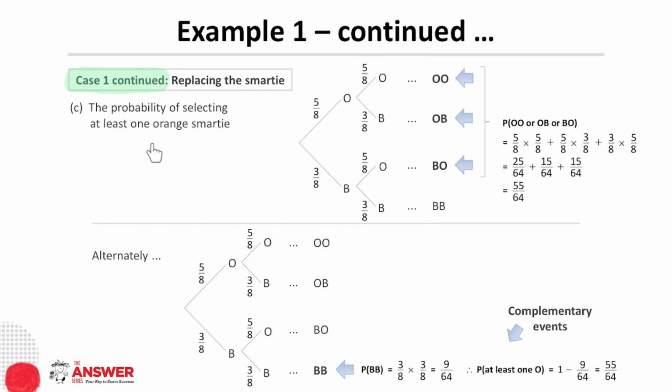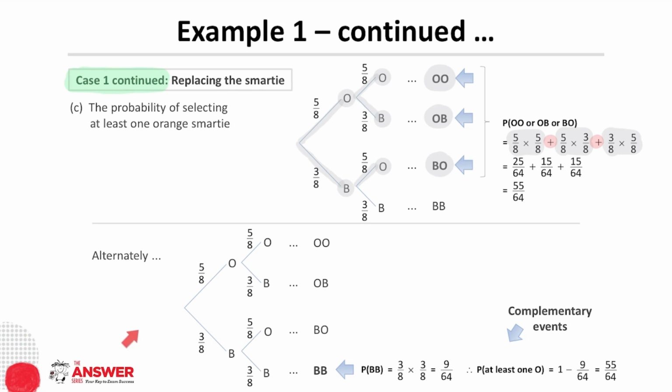And then for C, the probability of selecting at least 1 orange Smartie, in other words, the options can include 1 or 2 orange Smarties. There are 2 ways to tackle this concept. The first way shown here is to consider all the outcomes, including 1 or 2 orange Smarties, and so in each case we find the probability and then add them together.